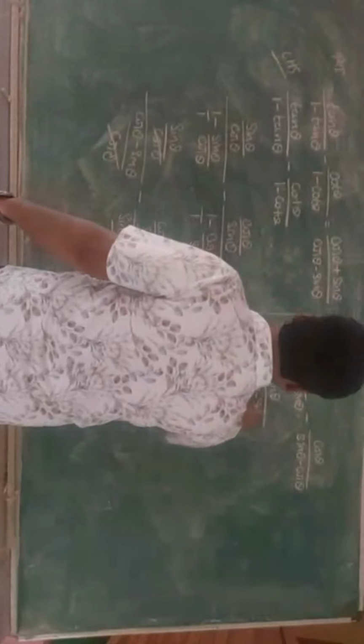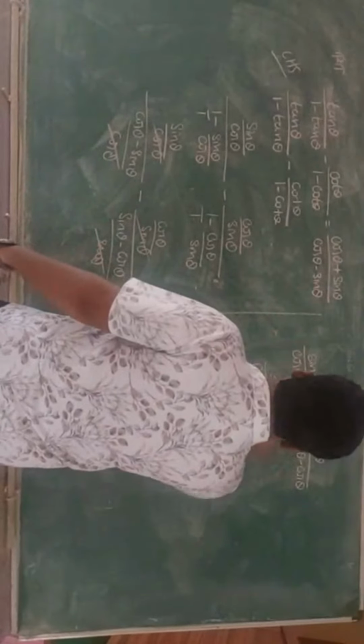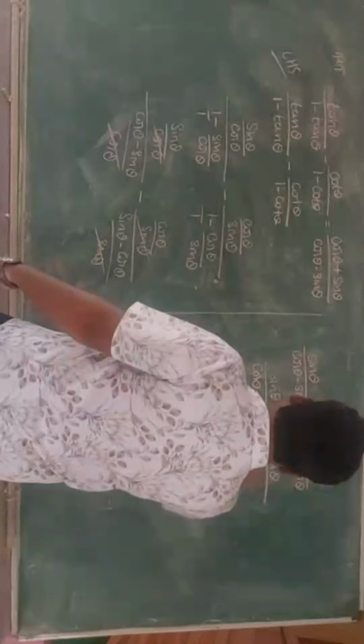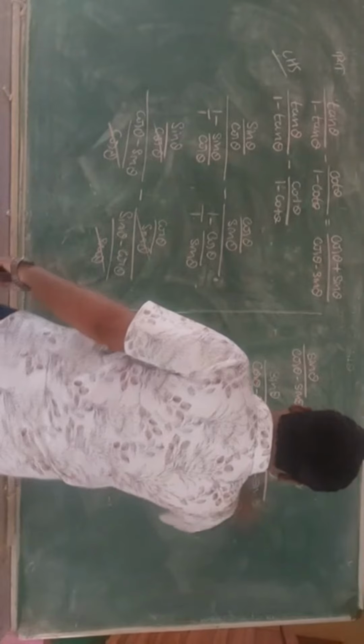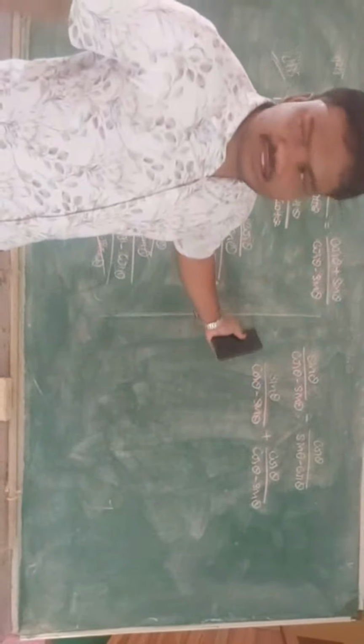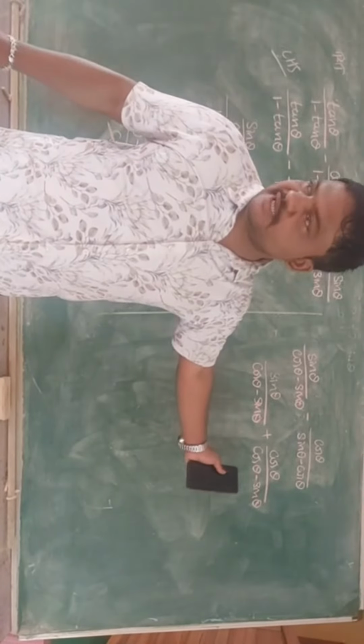So this first expression write as it is, sin theta divided by cos theta minus sin theta. Here minus sign I am taking common, minus into minus, plus cos theta divided by cos theta minus sin theta. So in first expression the denominator is cos theta minus sin theta, and in second expression also the denominator is cos theta minus sin theta.